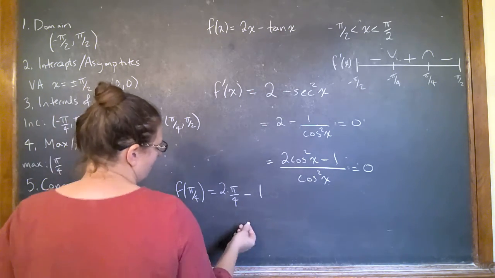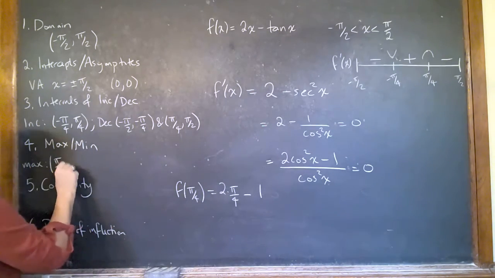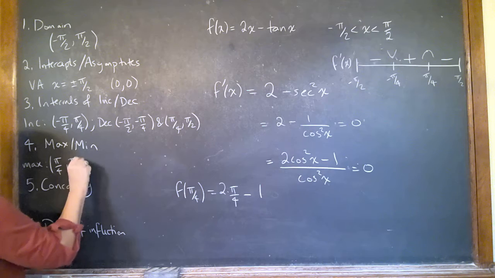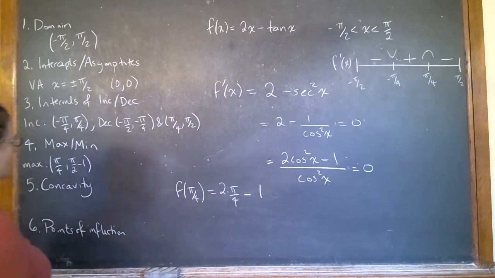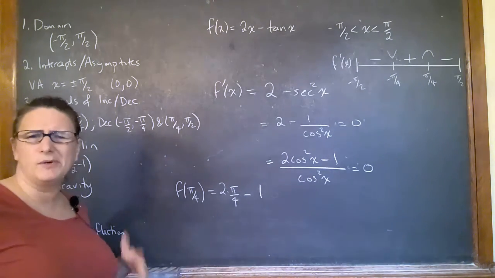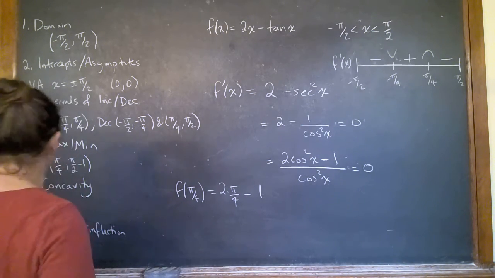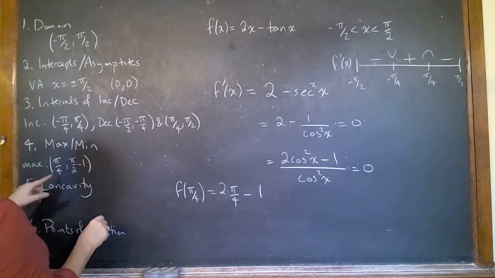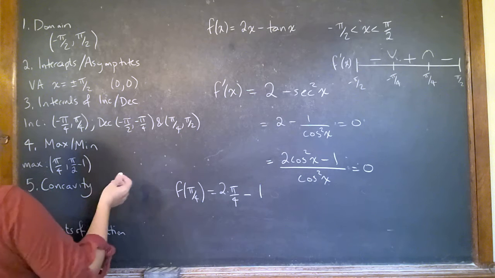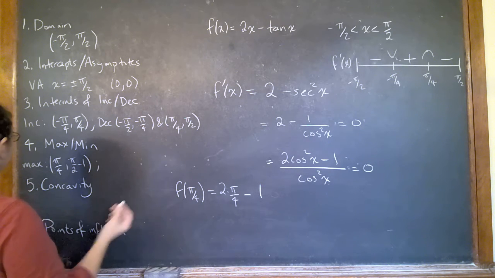So pi over 2 minus 1 is my coordinate there. Pi over 2 is like 1.7-ish, so that's something like 0.7. We can be not so exact there.